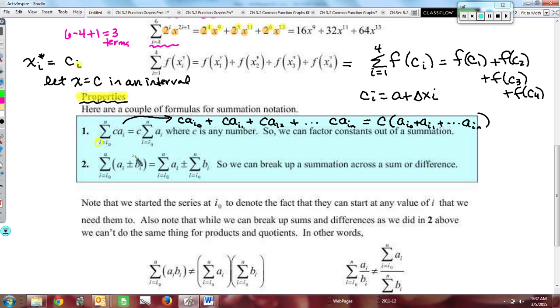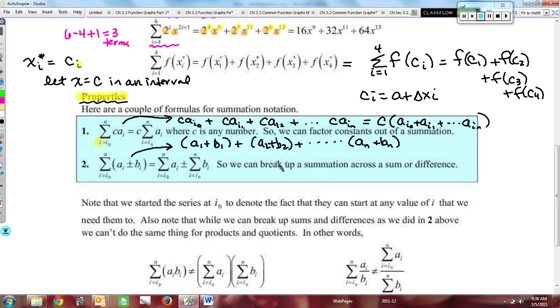And again, it's playing on your algebra rules from Algebra 1, associative and commutative. If I were to sum these over this interval, and I'm tired of writing the I sub thing, let's go 1 to 5. If I were to do this, I would have A1 plus B1 plus A2 plus B2 plus, and we would keep going until we got to our n, AN plus BN.